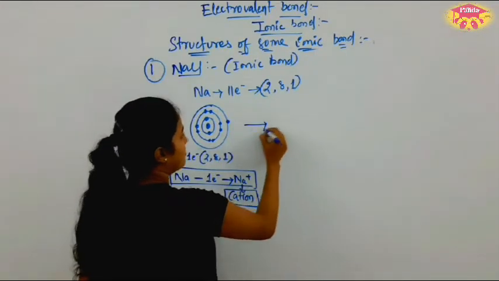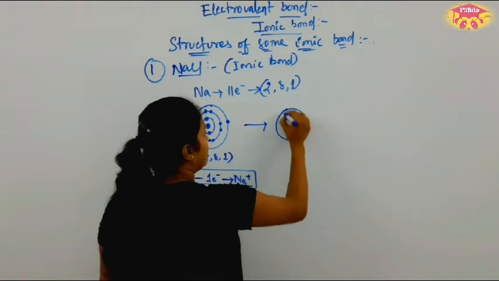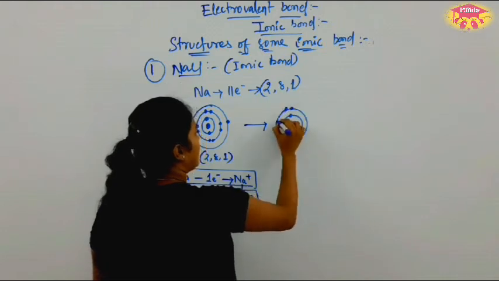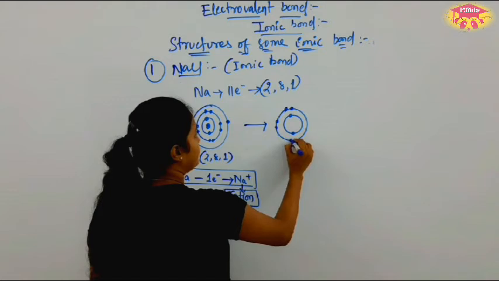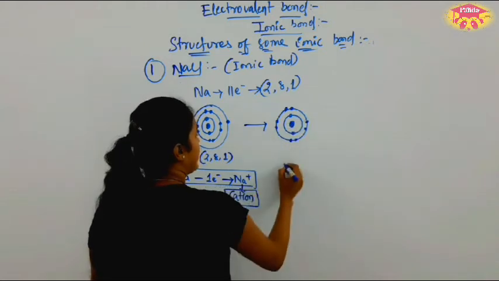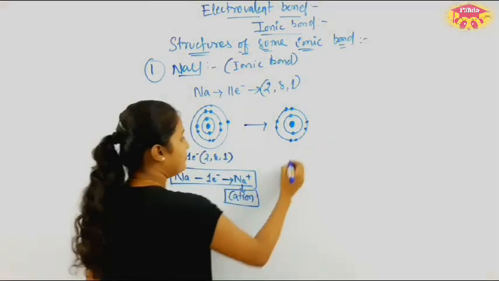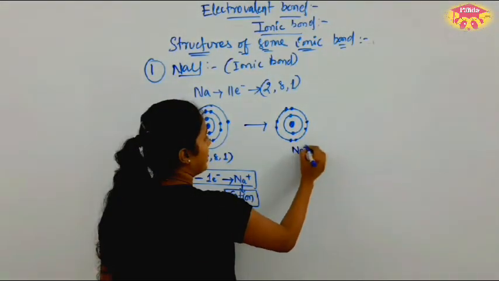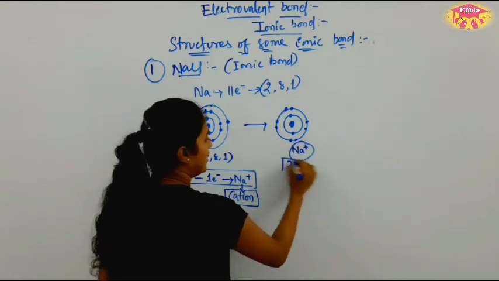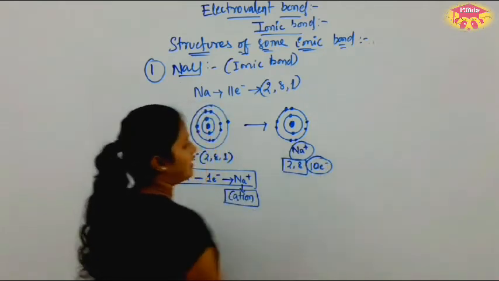So this sodium atom changes to a cation, and cations are smaller in size compared to the parent atom. Now this is Na plus, containing 10 electrons.